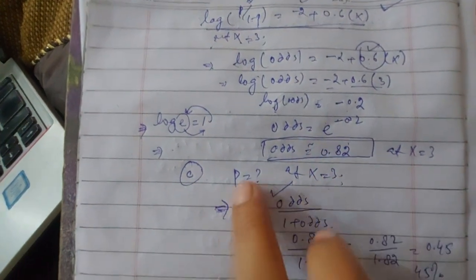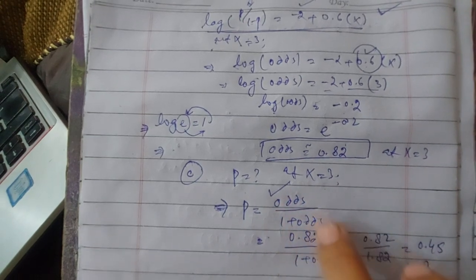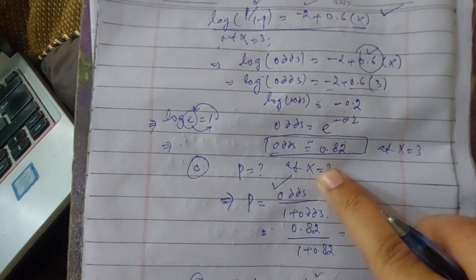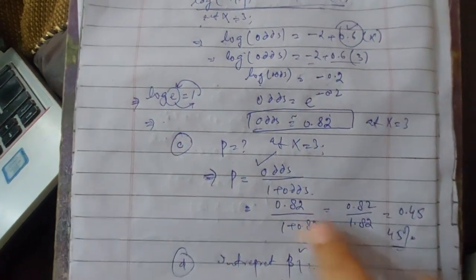Then we have a solid probability p, which is equal to odds divided by 1 plus odds. For any x value, we can have odds, and then we can have the probability of success solidly.